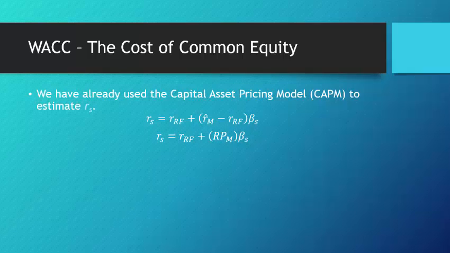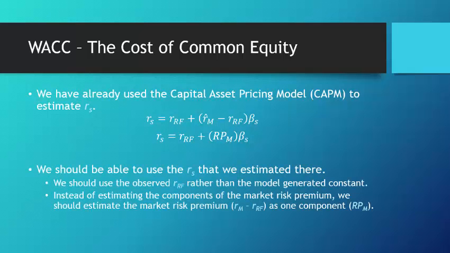The reason that's interesting to note separately is that we should be able to use the R sub S that we estimated in the earlier chapter, but here's the big point: the beta should be multiplied by RP sub M, and the R sub RF, well, how can I put this?